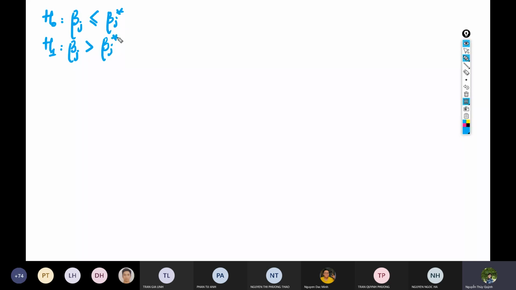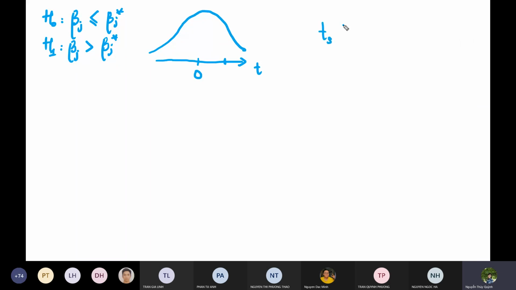For this one, we have alpha, and the rejection zone is when the observed value of T is greater than T alpha. Here is T alpha, and the region of rejection is the area to the right of T alpha. This is alpha.